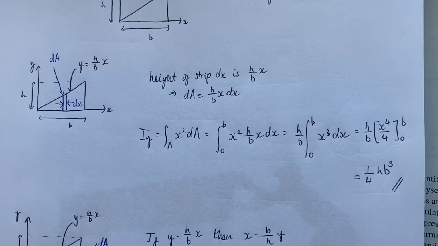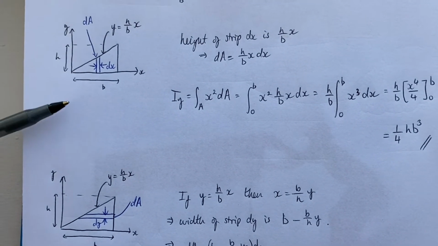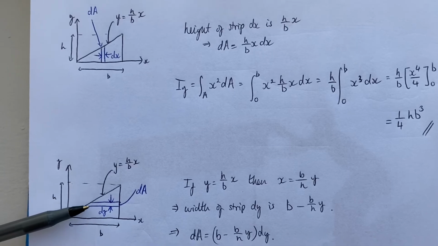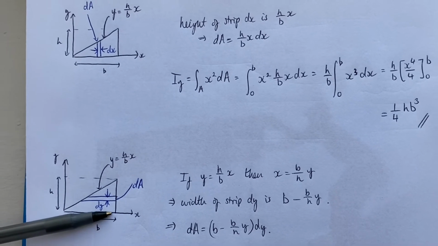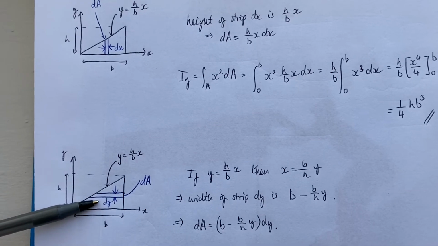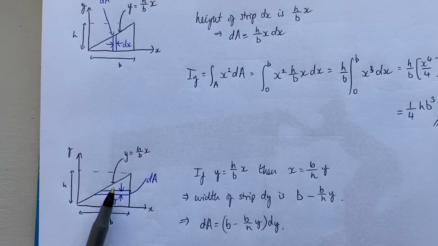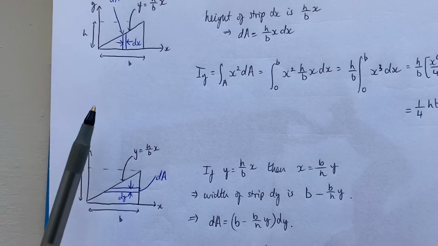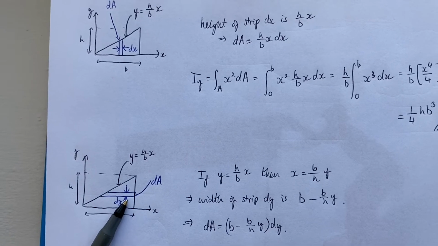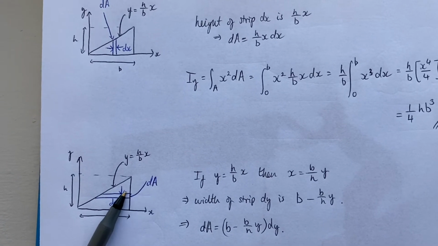Well, in this case we basically do the same thing but the opposite way around, right? We're now looking at the moment of inertia about the x-axis, so we split our triangle into little pieces or little strips of depth dy, and then we need to find these little areas dA.